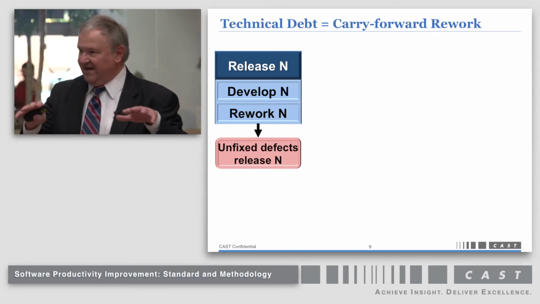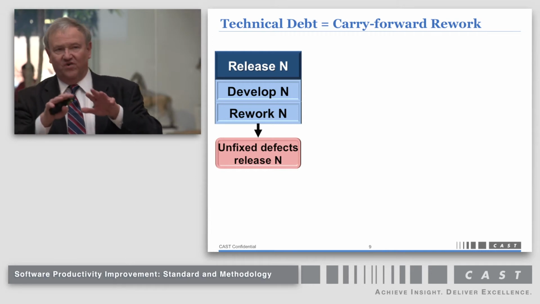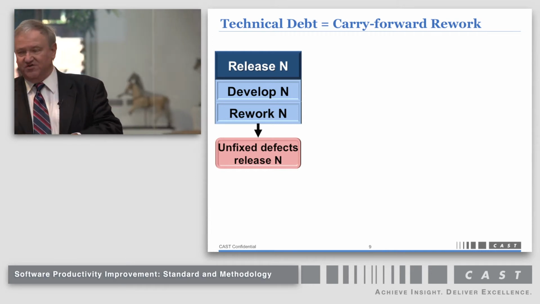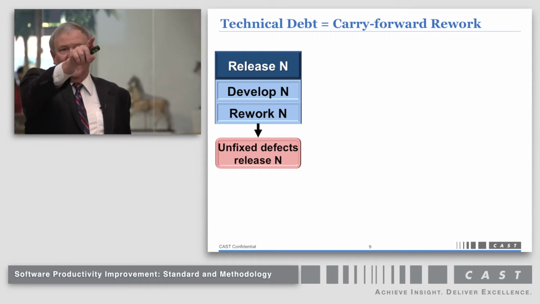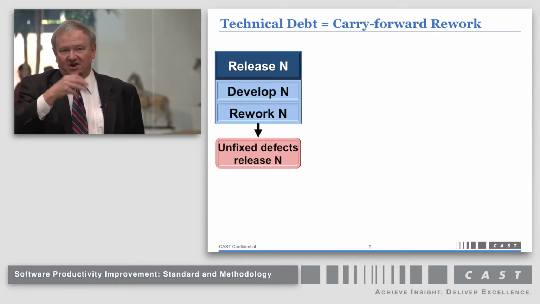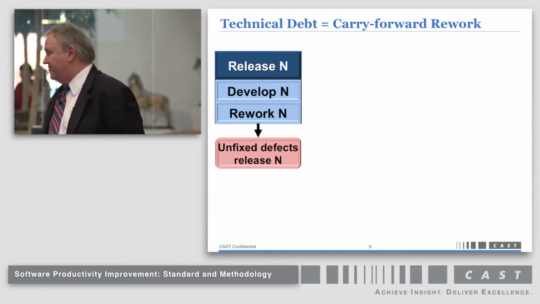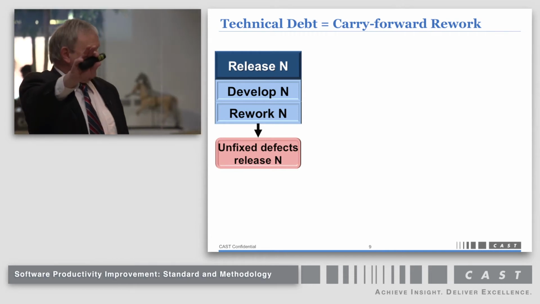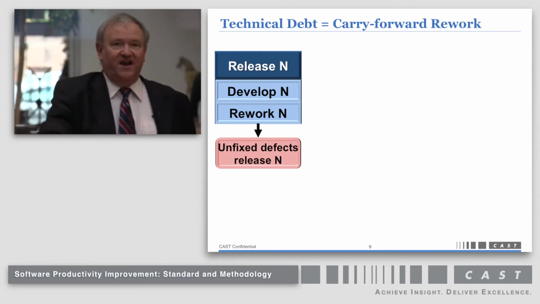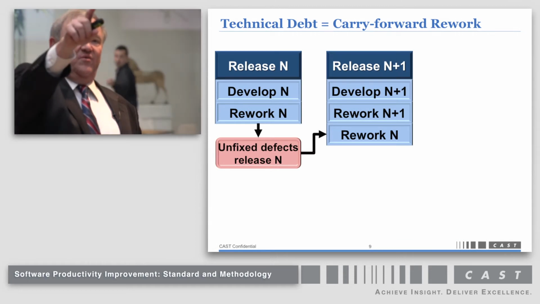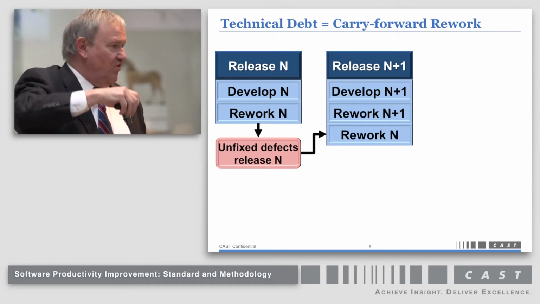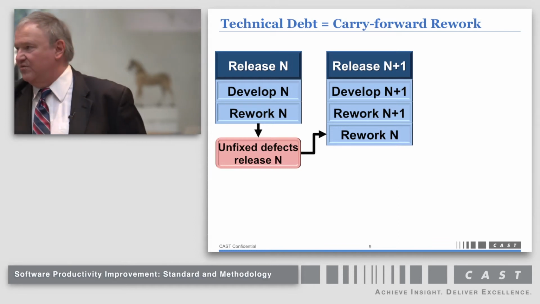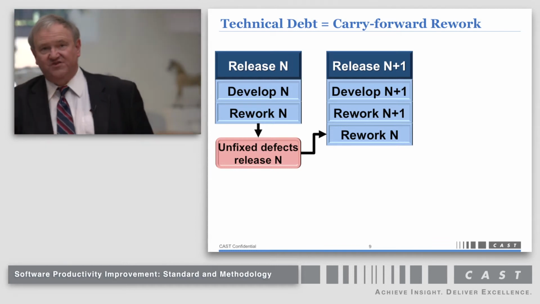If you're thinking lean, 40% of your work, if you're a low maturity developer, is waste. So I'll fix some of it, but there are a lot of defects that I don't have time to fix that must be fixed. So I'm moving that out to the future. All right, that's technical debt. So we get into the next release, and I've got my original development work. I've got the rework to fix the mistakes I make with the new work I'm doing in release N+1.